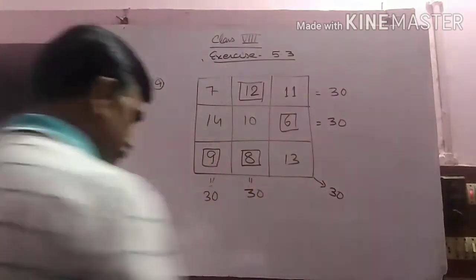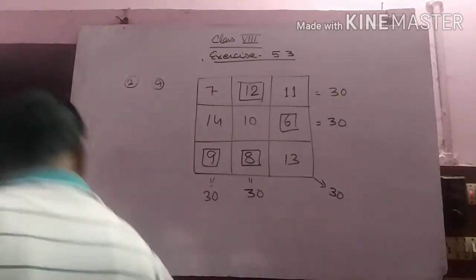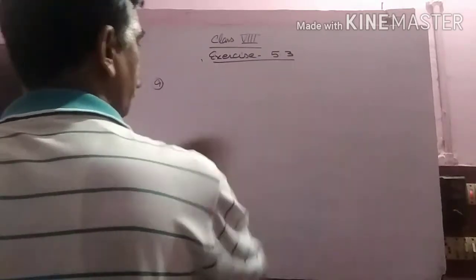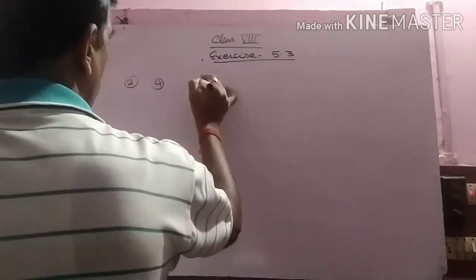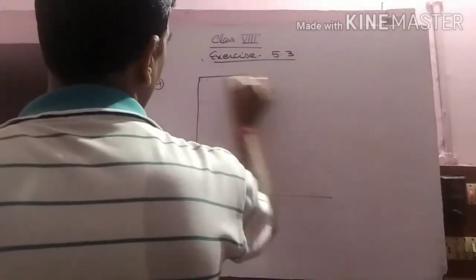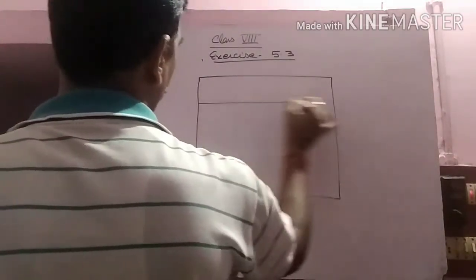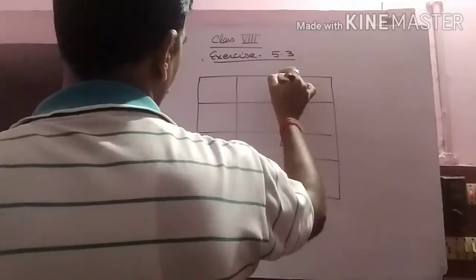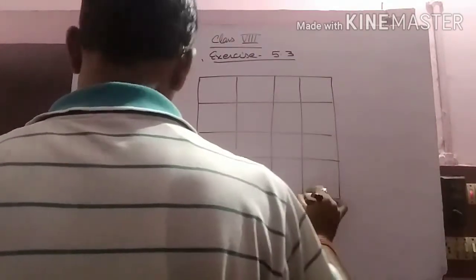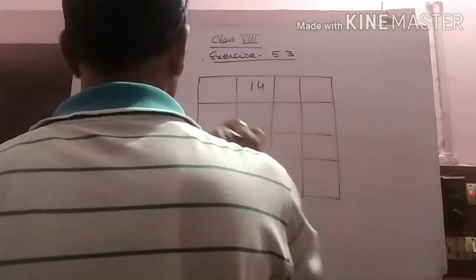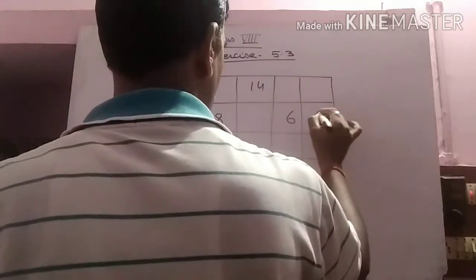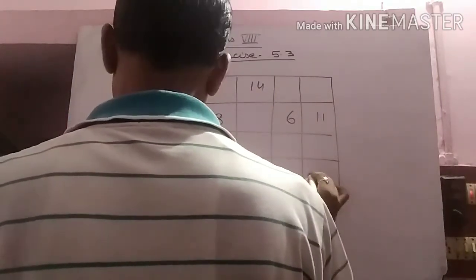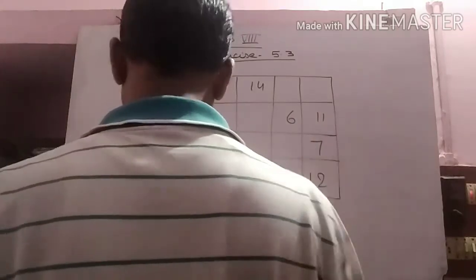Okay. In the same way, we can solve the next magical cube. This is a magical cube of 4 by 4. 14, 8, 6, 11, 4, 2, 1, 12 and 7 are given.